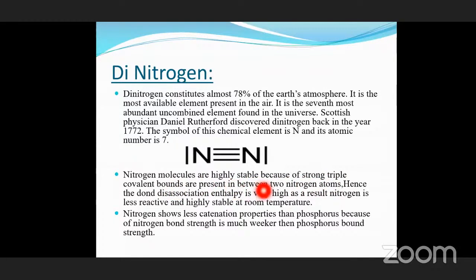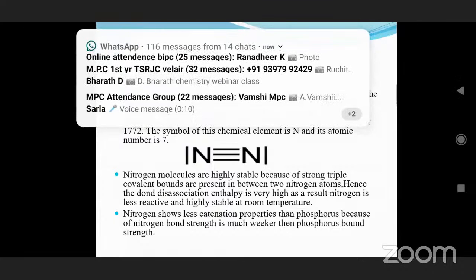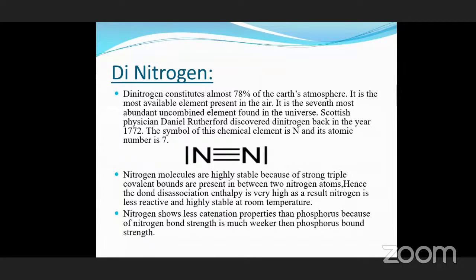Okay, then between two nitrogen atoms, we know already, nitrogen shows less catenation property. It is also an important one. Why? Because the nitrogen molecule shows less catenation property, as the bond strength is very weak.